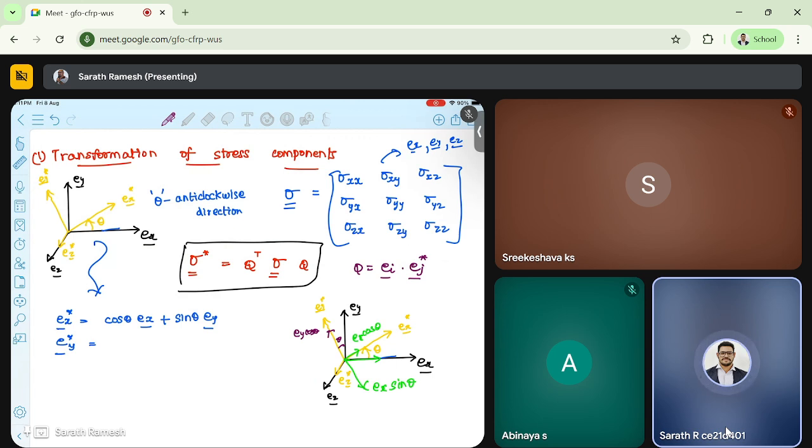Now we are interested in the components along Ey star. Ex sin theta comes in the opposite direction, so Ey star is minus sin theta Ex plus cos theta Ey. Finally, Ez star will be Ez.